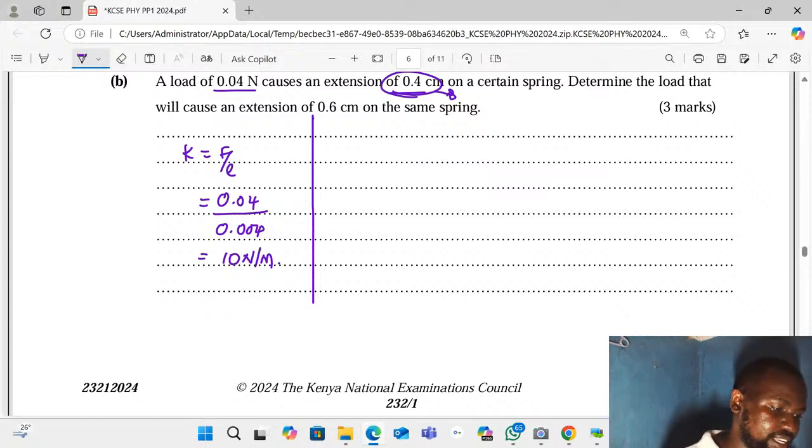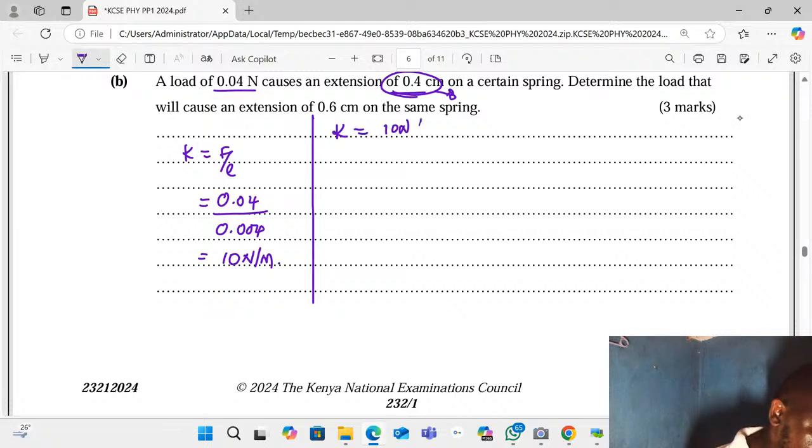Now when we have an extension of 0.6 centimeters, we are asked what load it will be. Since we have the spring constant as 10 newtons per meter, and our extension is 0.6 centimeters, which is equivalent to 0.006 meters, and we want the force, force is given by F equals Ke.